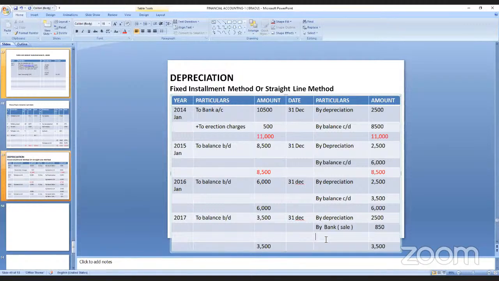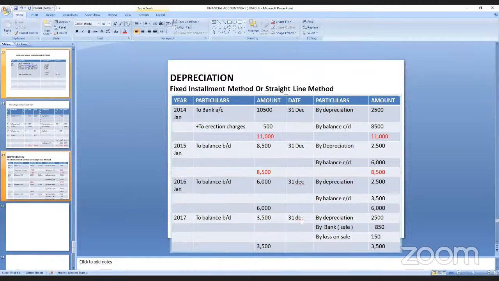It is 150 balancing. So you have got the profit or loss. Yes, so here it is by loss on sale, that is 150.